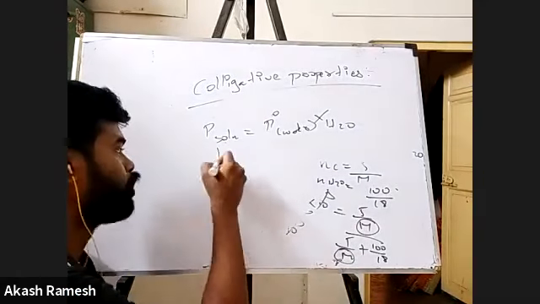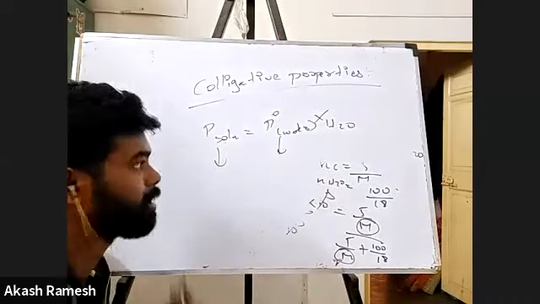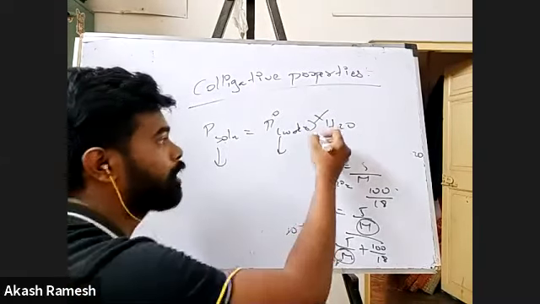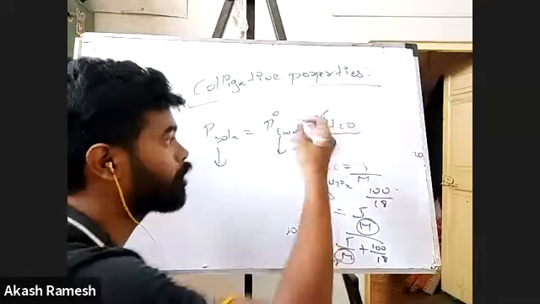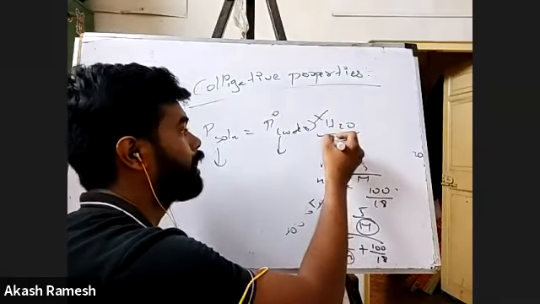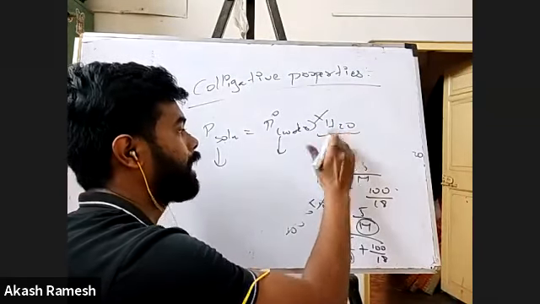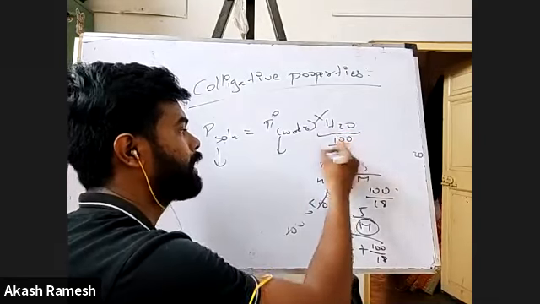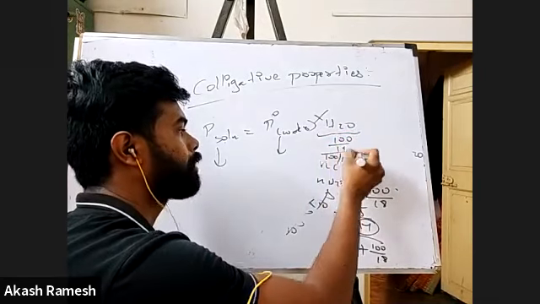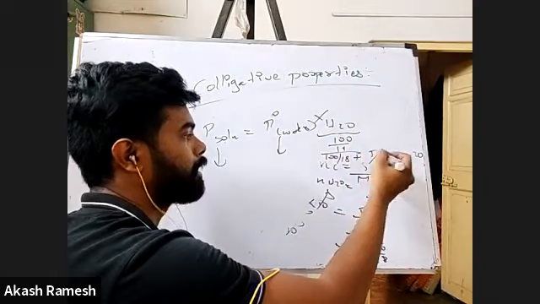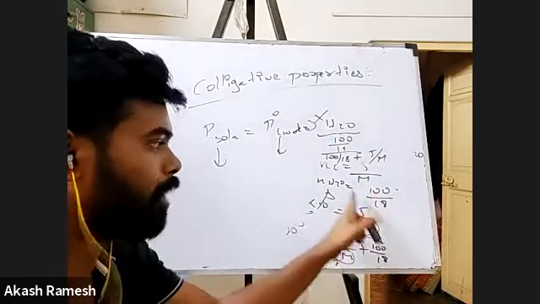Now P of solution is given, P of water is given, and X of H2O you can calculate. It will be 800 divided by 18, over 100 divided by 18 plus 5 divided by M. Same thing we calculated here.